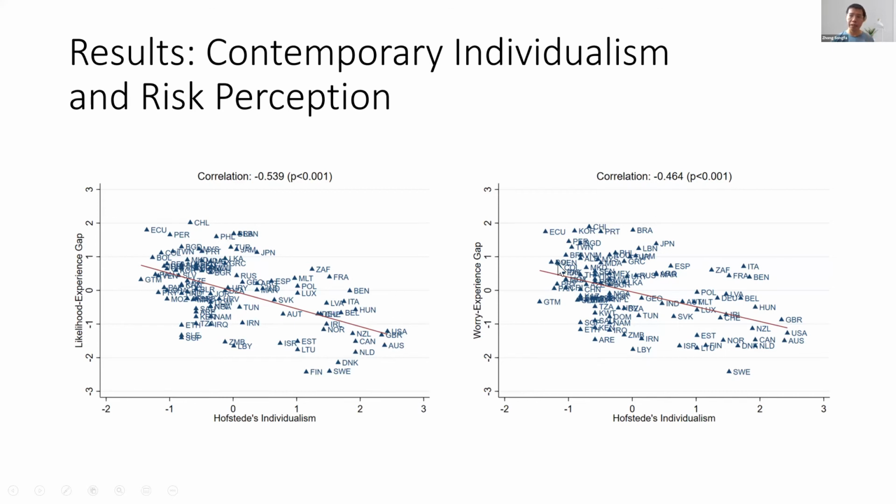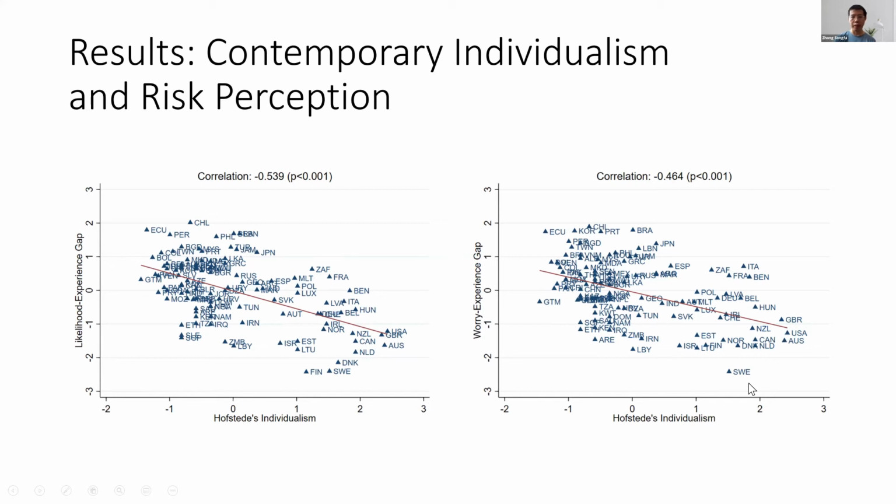A similar pattern you can see on the right-hand side, on the worry experience gap. So in individualist cultures, people tend to worry less relative to their actual experience.